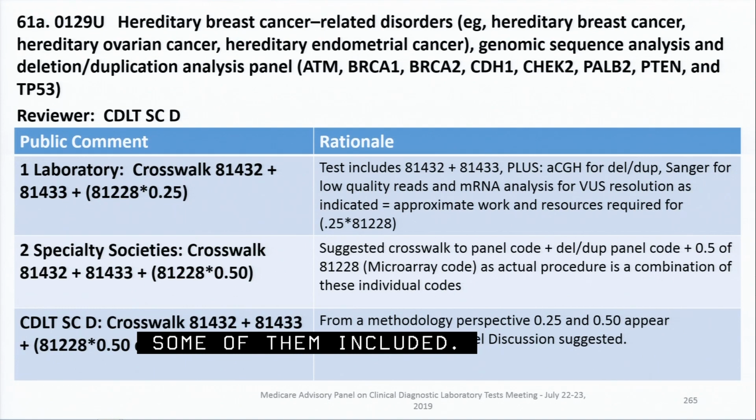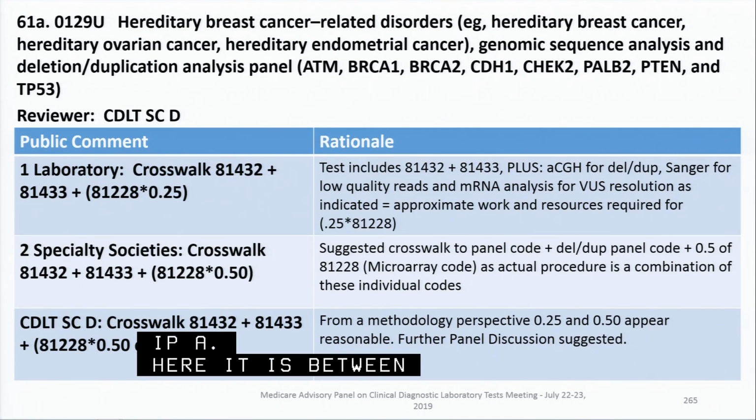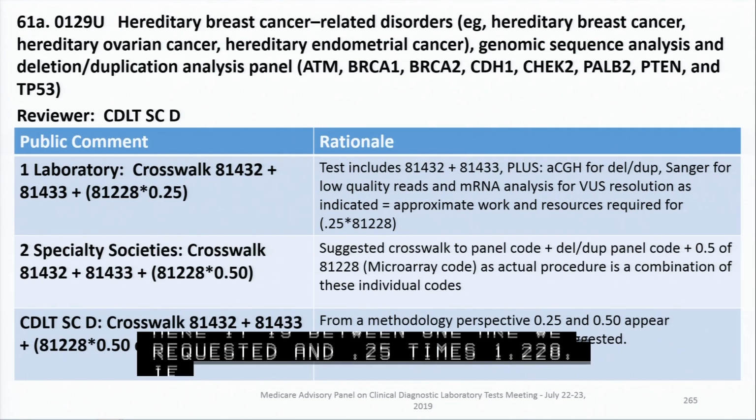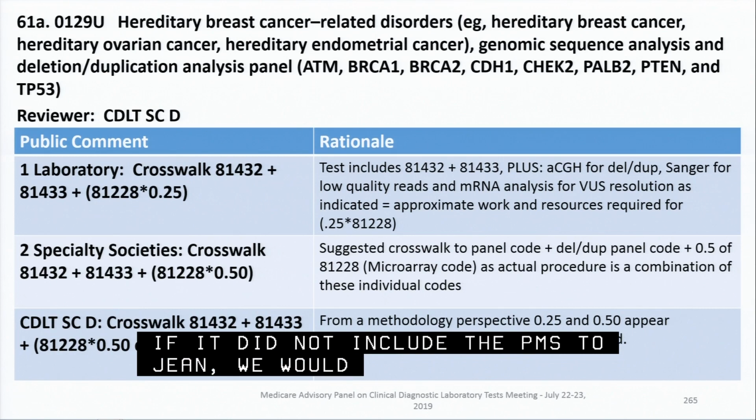That was the general differentiator between when we requested a 0.25 times the 81228 versus a 0.5 times the 81228. If it did not include the PMS2 gene, we had requested a 0.25. If it did, we had requested a 0.5. Thank you. Ms. Chappelle?